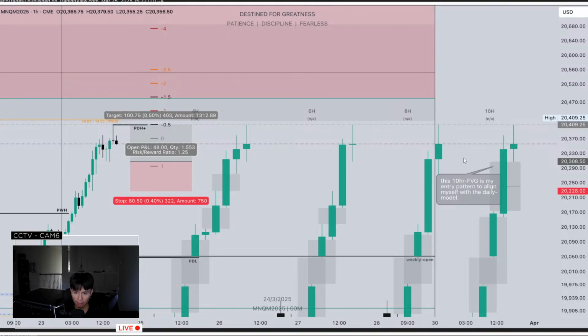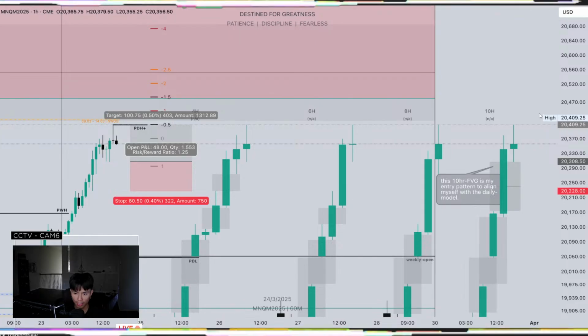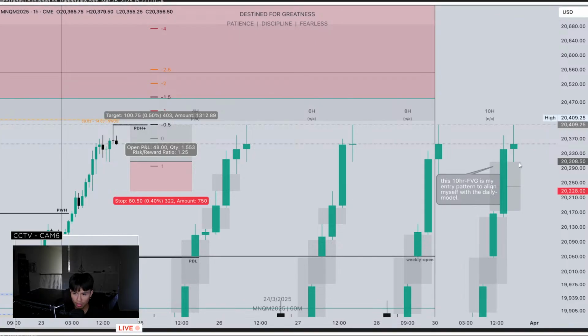And this fair value gap specifically supports the idea of higher prices. So once we rebalance into this fair value gap, we should respect it. And so I have my entry pattern at the 10 o'clock or the 10-hour fair value gap here.